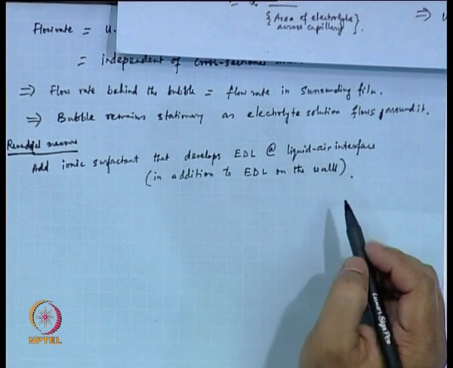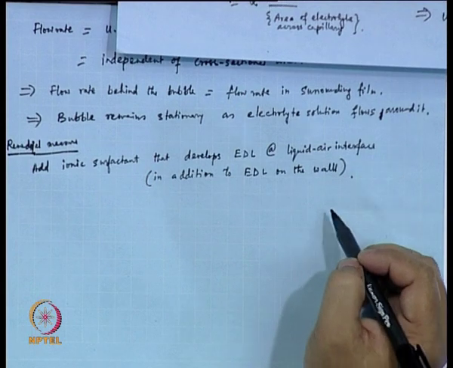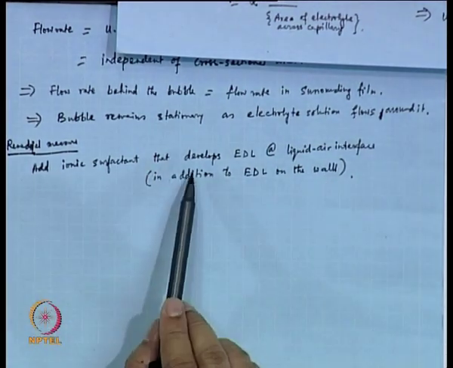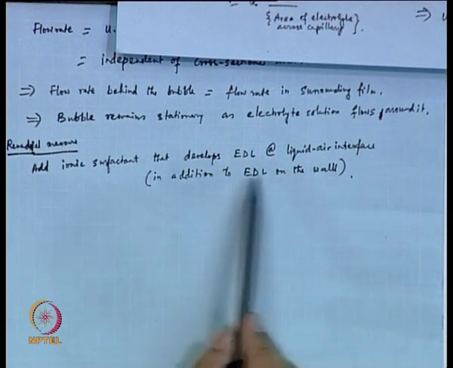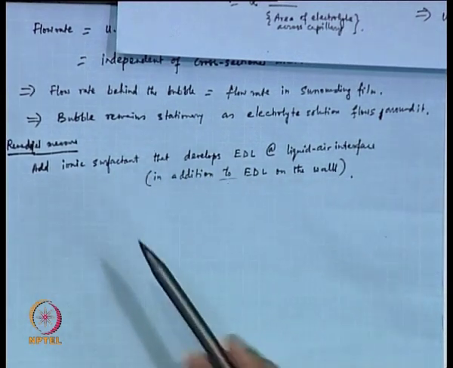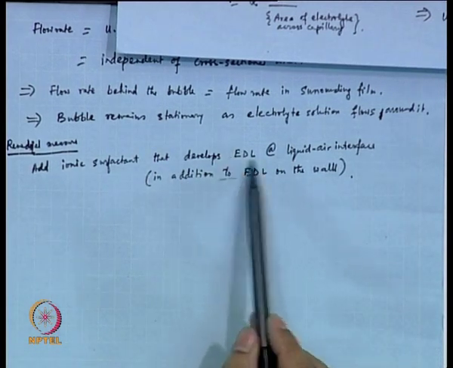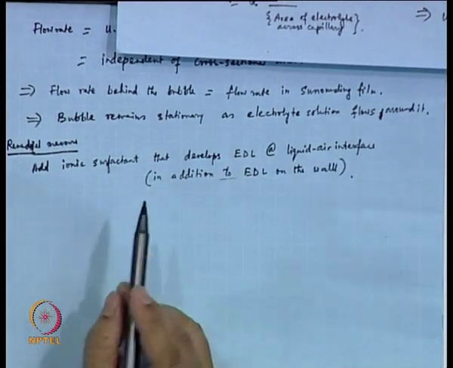So, here you have ionic surfactant that is added to develop over and above this electric double layer on the wall, which is responsible for the flow. You have an additional electric double layer at the liquid air interface.